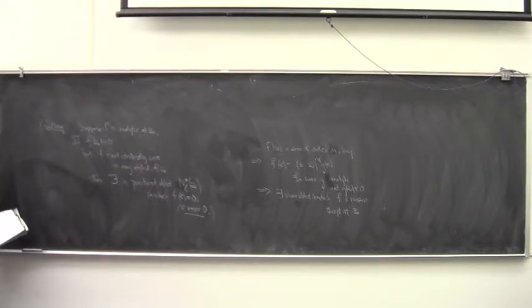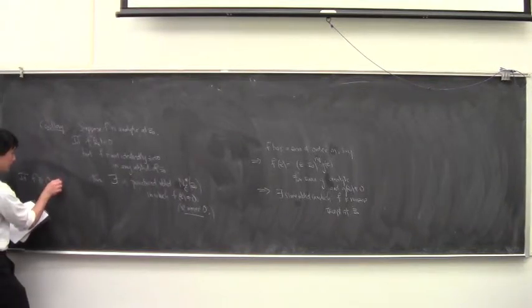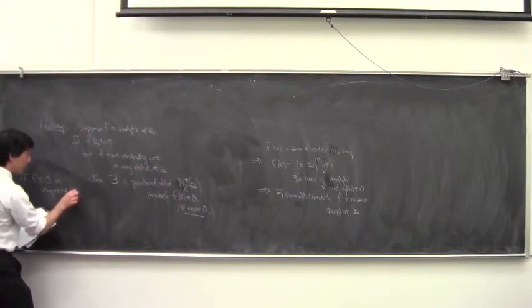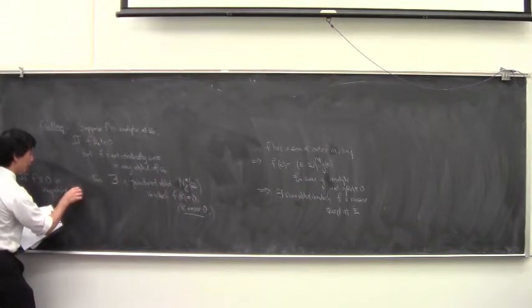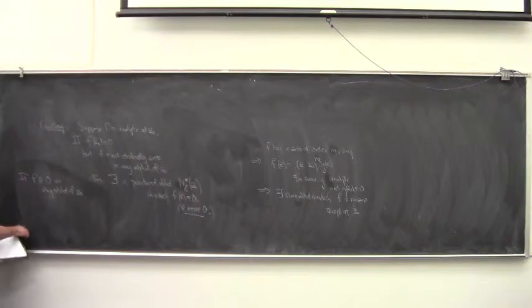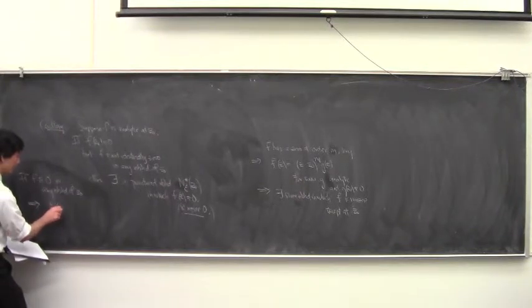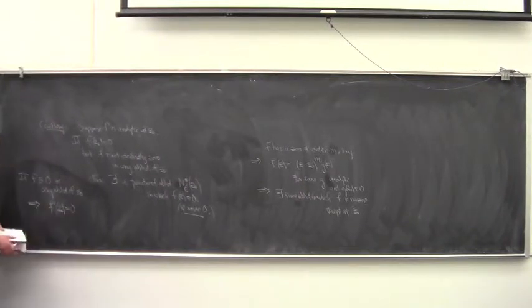So what's wrong with our thinking, or what's wrong with my thinking? What you said was that, look, if f is constantly equal to 0 in a single neighborhood of z0, then f prime of z0 is going to be equal to 0.